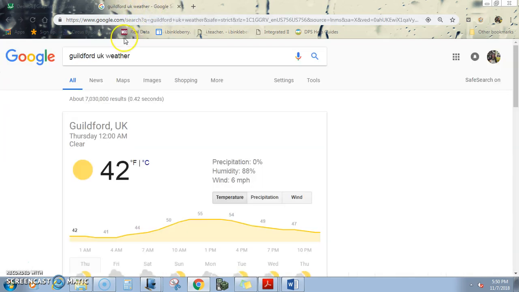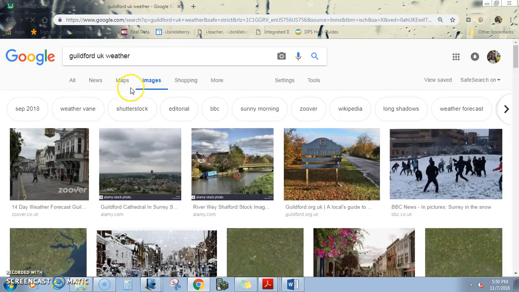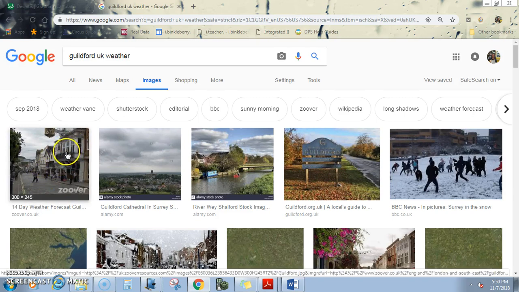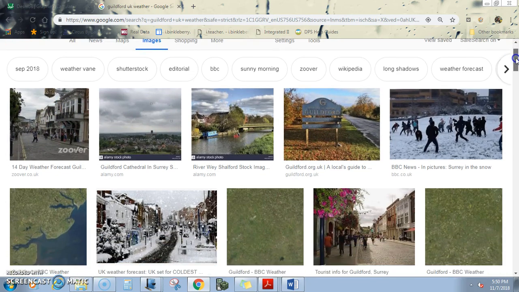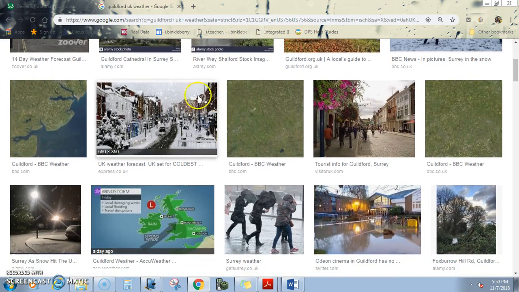I chose Guildford, UK, and the reason I chose Guildford is because I used to live there. It's a pretty cool town. I think there's some good images here. This first one on the left-hand side, that's High Street. And I lived there. You can't see it in that picture. If you look at this snowy picture, I lived way at the top and I didn't have a car, and it sucked having to go to the grocery store, I think was over here, and walking up.